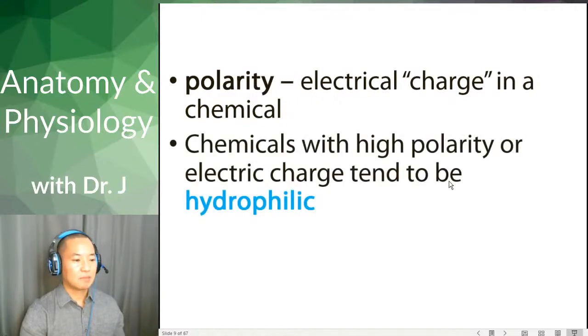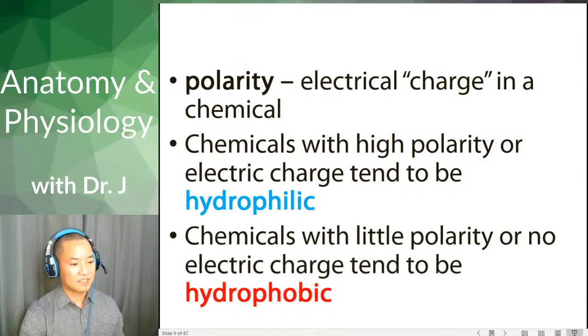Now, chemicals with a high polarity or electric charge tend to be hydrophilic. And why is that? Remember, this is why it's important to understand the polar covalent bonds in water and hydrogen bonding. Water does have a slight electrical charge at its hydrogen atoms and oxygen atom. With this partial positive and negative charge, if you also have other molecules with a positive or negative charge, they tend to be attracted to water and vice versa.